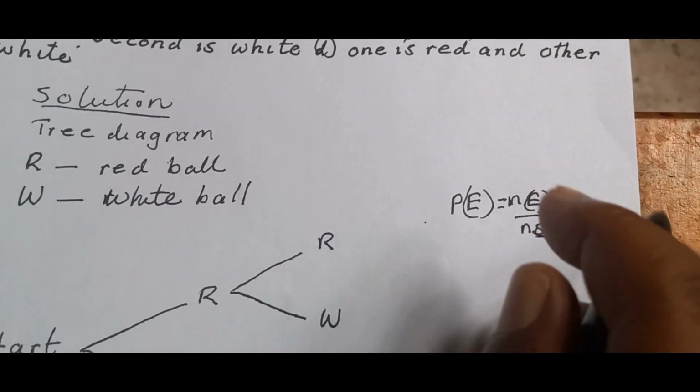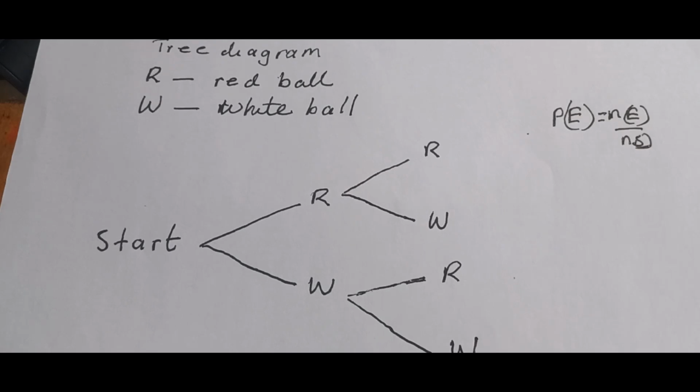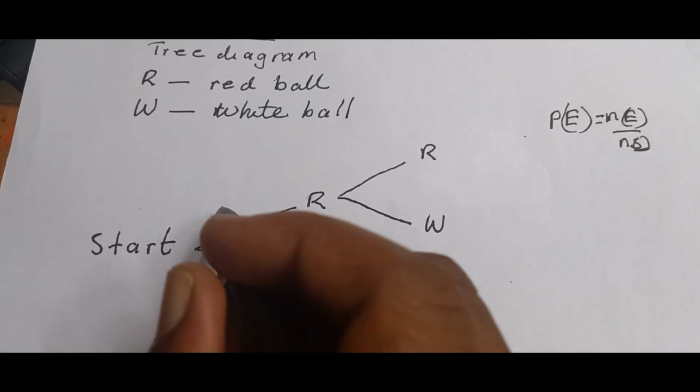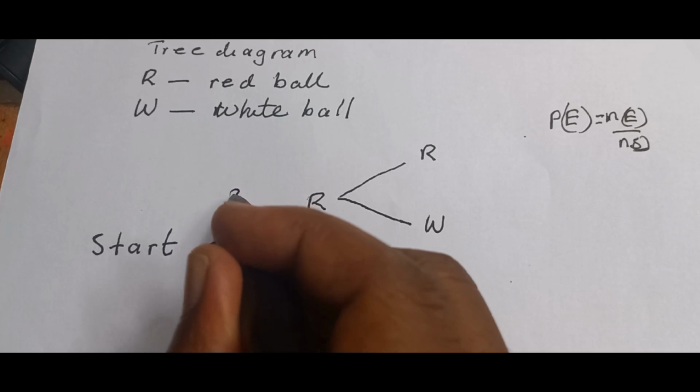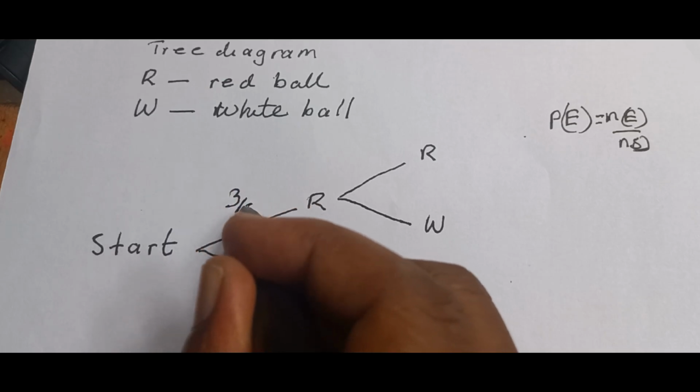In case of drawing red balls, the number of events equals the number of red balls. The number of sample space equals the total number of balls. In our case here, the number of red balls is 3. The total number of balls is 8. So the probability of drawing a red ball is 3 over 8.